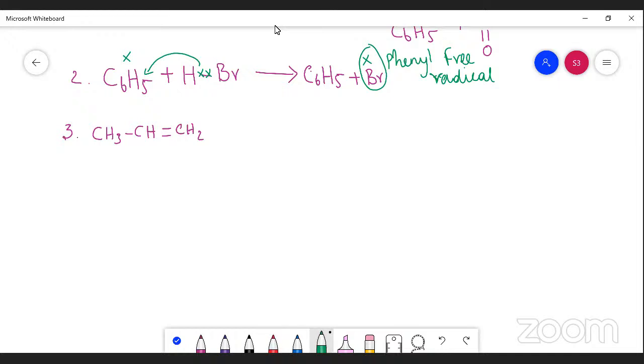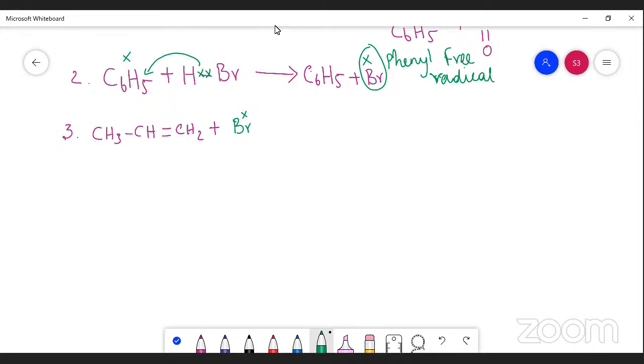So we are taking the bromine free radical reacting with propylene. Now there are two types of bonds here: a sigma bond and another one, a pi bond.